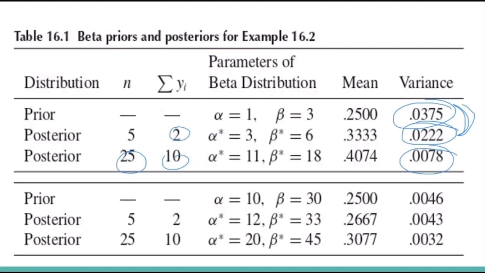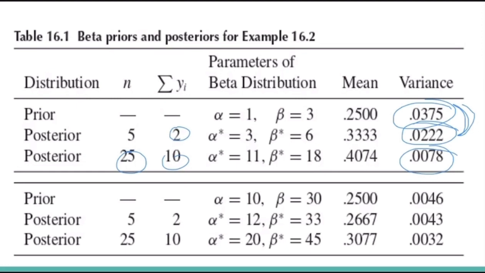In statistical analysis, statistical inference in general, we focus on the variance. You understand what I mean? So this is telling us that using prior information is actually going to work.